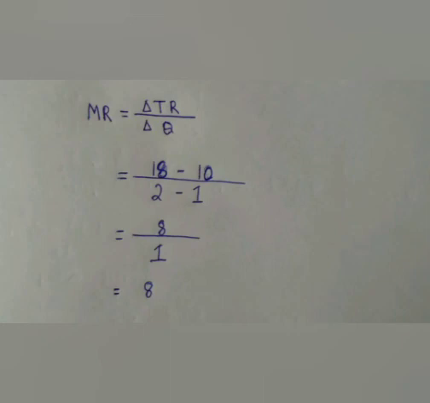So here you will see 18 minus 10: the total revenue when 2 units are sold minus the total revenue when only 1 unit is sold. And for the change in quantity sold, we take 2 units minus 1 unit. So we get 8 by 1, which is equal to 8. This is how we calculate the marginal revenue.